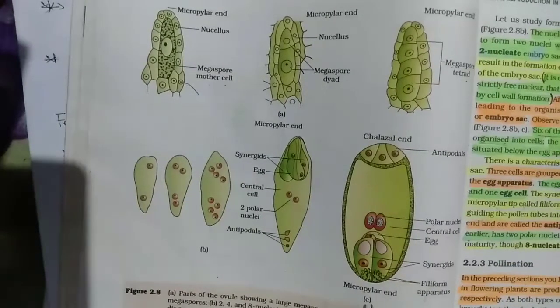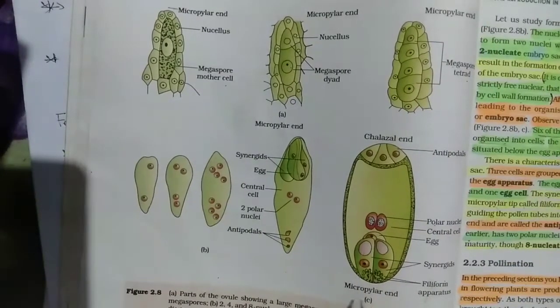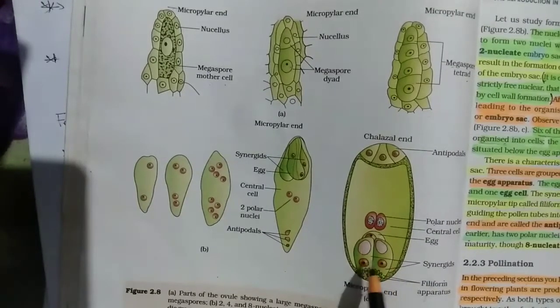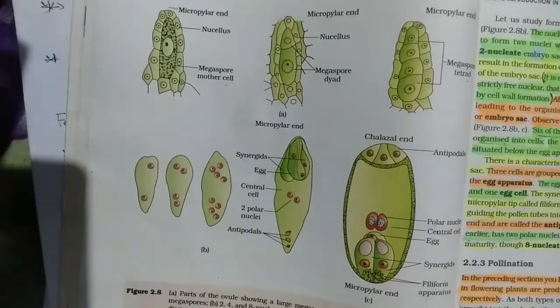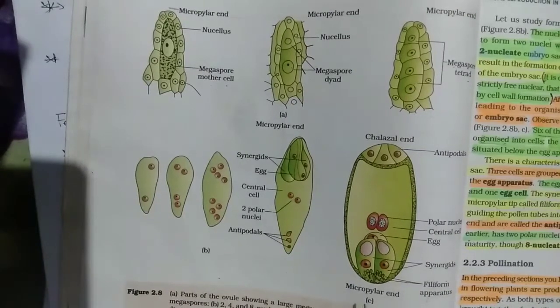Then at the micropylar end part, these 3 cells we can find. I have told you, opposite of the micropylar end is the chalazal part.